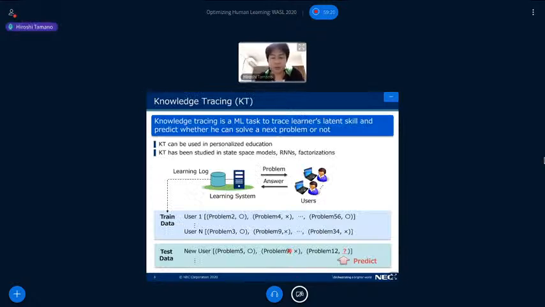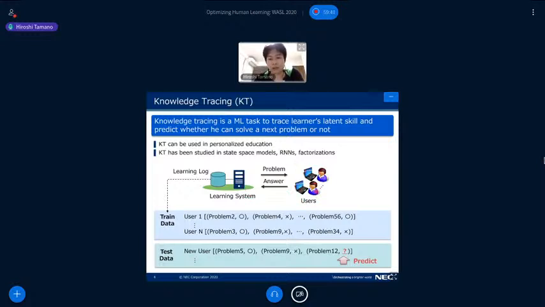The beginning of our background is knowledge tracing. Knowledge tracing is a machine learning task to trace a learner's latent skill and predict whether he can solve a next problem or not. Here you can see the learning system and users.